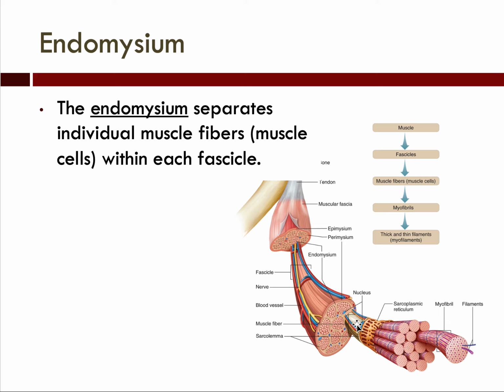Then you put all the muscle fibers together and you wrap them and you have a fascicle. Then you take all the fascicles, you wrap them together, and all the fascicles together form a muscle. Again, this is very important because it allows the muscle fibers to act somewhat independently of the other muscle fibers in the same muscle.